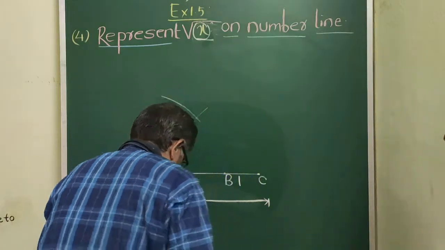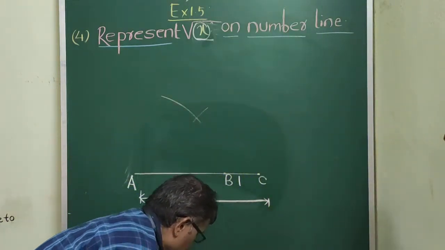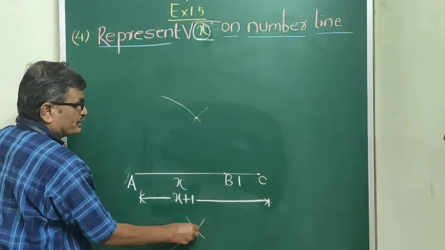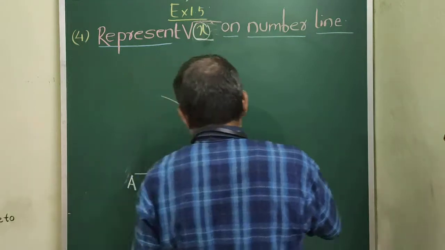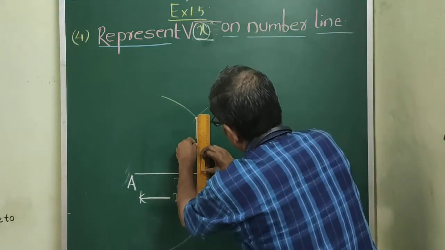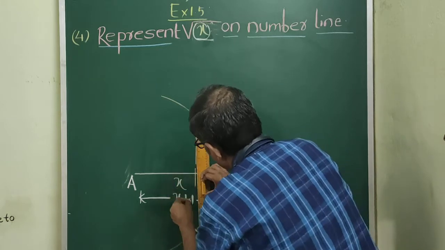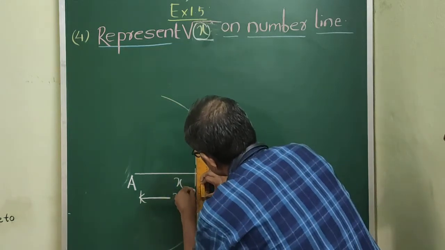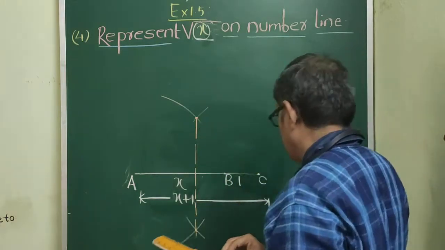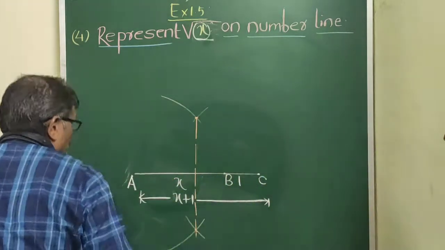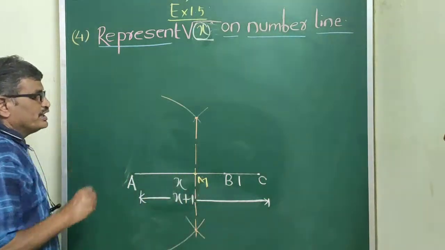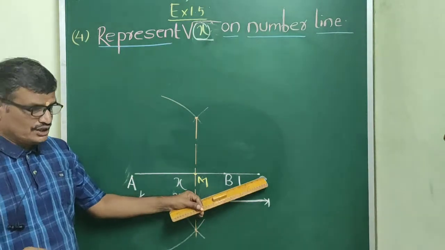After that you join these 2 points with the help of your scale. After doing that, you will be getting the midpoint of AC.